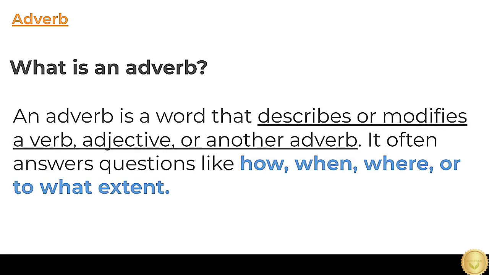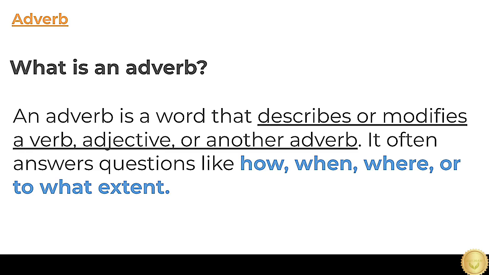So how do these differ from adjectives? Well, let's have a look. They are words that describe or modify not really nouns, they modify verbs, adjectives, and also another adverb. So when we're thinking about questions like how, when, where, to what extent, this is where adverbs come in.